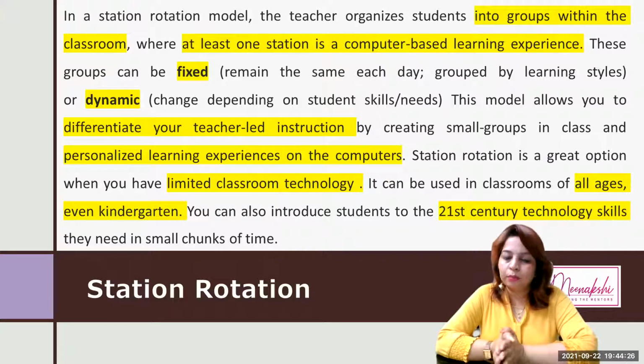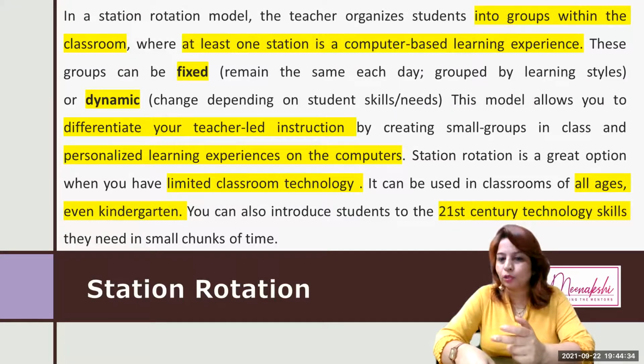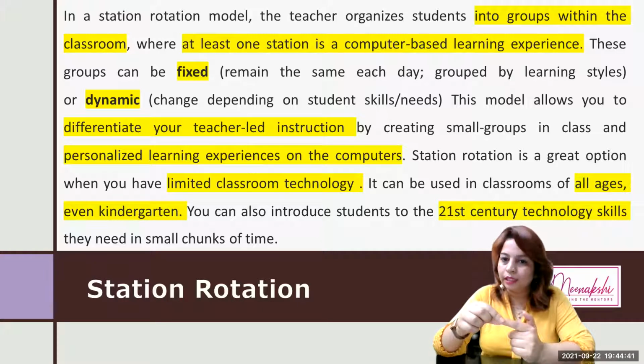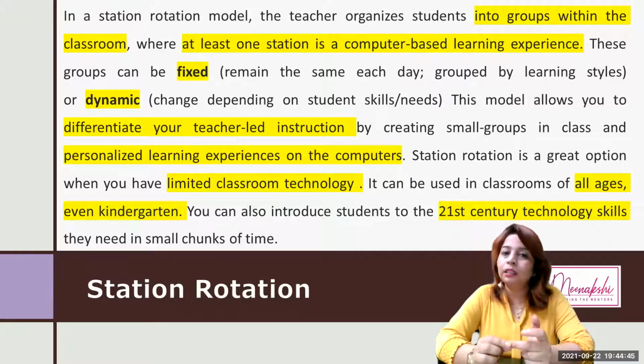So when you are dividing the students into different groups, make sure that when they go to different stations, usually we have three types of stations in our class for the station rotation strategy. One station is the teacher-led station. Another station is the student-led station, where the students do some kind of activities planned for them.